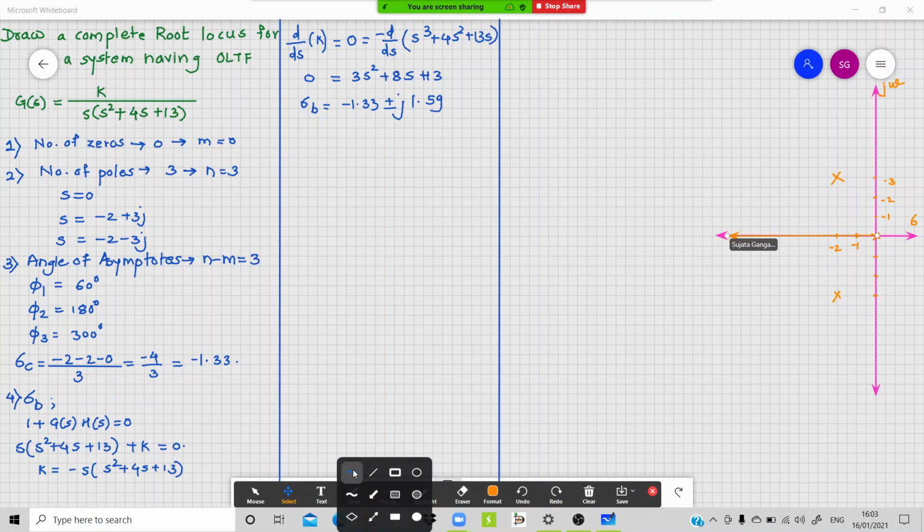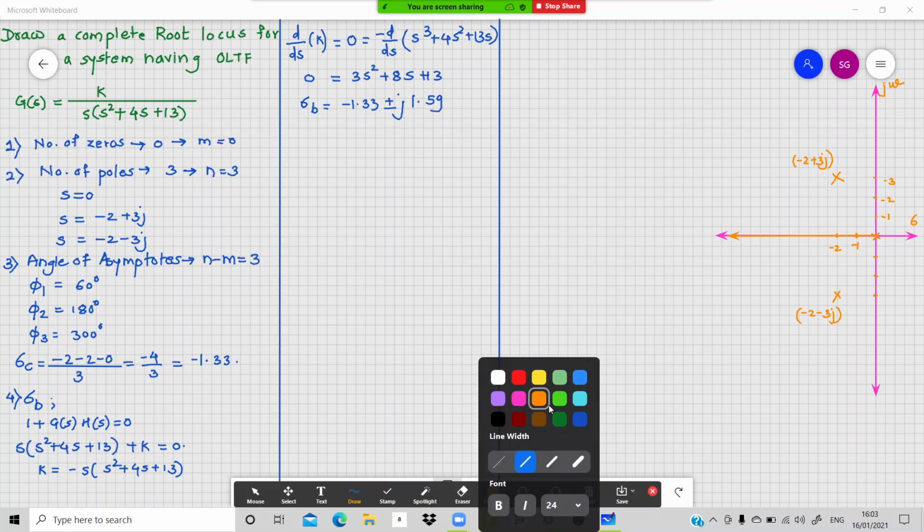Then the next thing is, for these two poles, see now what we got. We got one thing we have placed, then see what else we did. Yeah, I'll write it over here. -2 plus 3j, -2 minus 3j. These are the two poles. Then the next thing that we got is angle of asymptotes, and at 1.33 the centroid is coming.